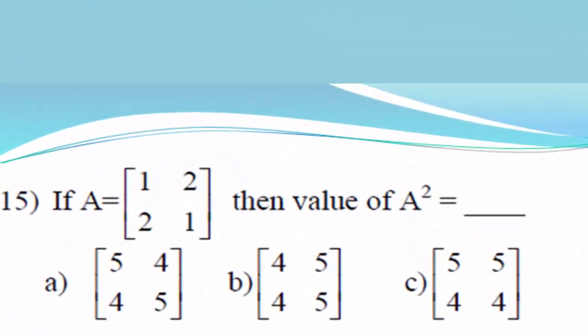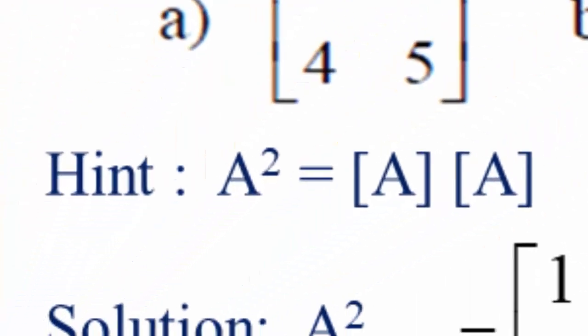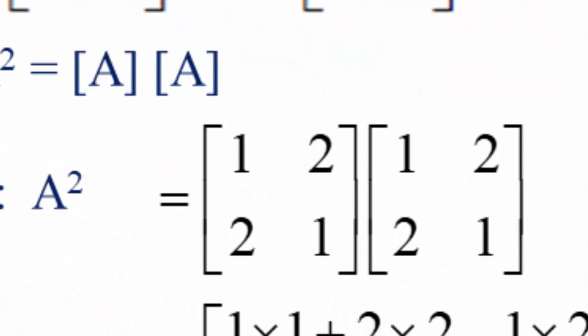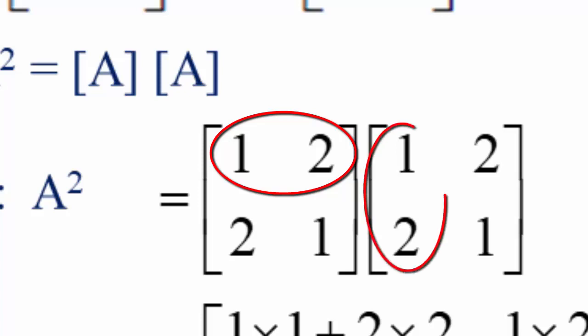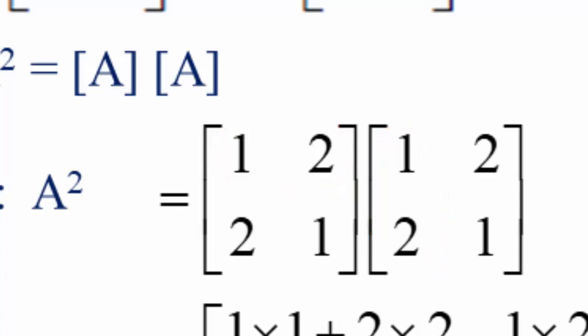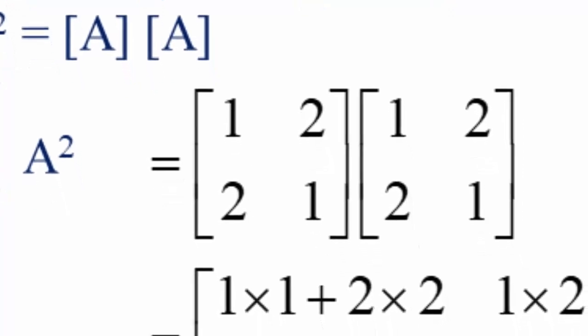Question number 15. If A is a matrix of order 2 by 2 and the elements are 1, 2, 2, 1, then the value of A square is. Dear students, A square is the product of A into A. So, if we write down the matrices, it is matrix 1, 2, 2, 1 into matrix 1, 2, 2, 1. What are the rules for matrix multiplication? We multiply the first row of the first matrix into the first column of the second matrix. That is, we multiply the corresponding elements and then add them up. So, here we get 1 into 1 plus 2 into 2.